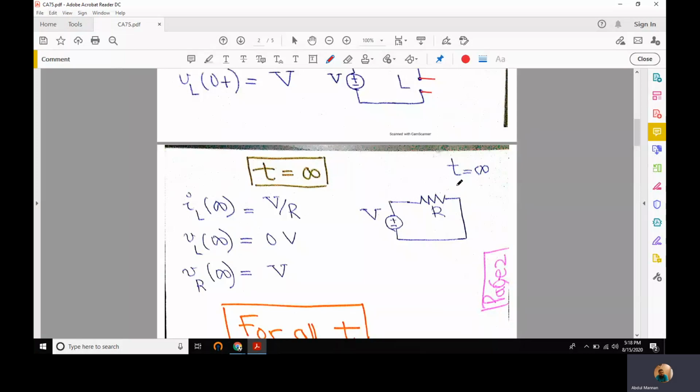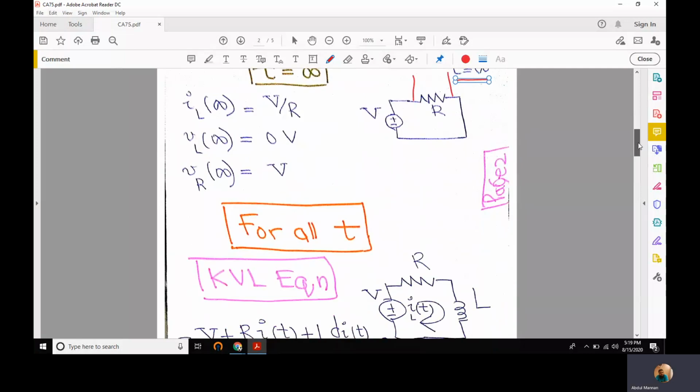So the only elements in the circuit are V and this R, so the current has to be V over R. Voltage drop across the inductor at time t equal to infinity is 0, because it is replaced with a short circuit, whereas the voltage drop across the resistor is the same as the applied voltage, because this is the only element across which we can have a voltage drop.